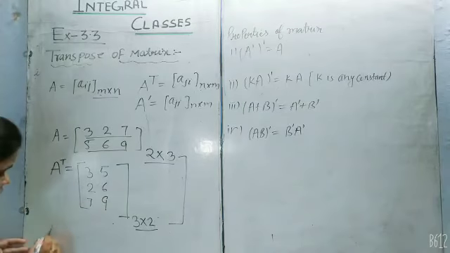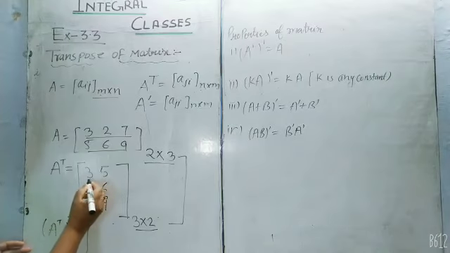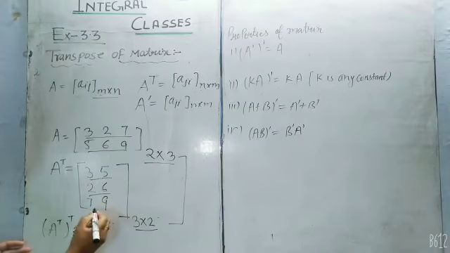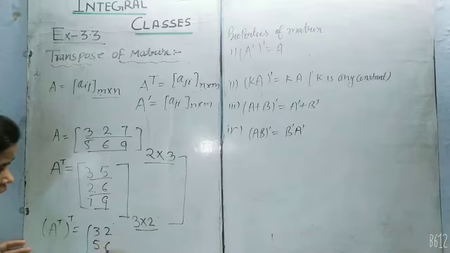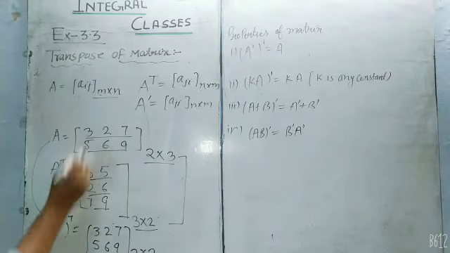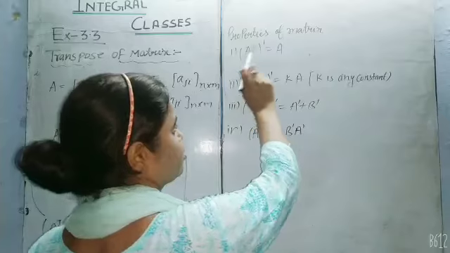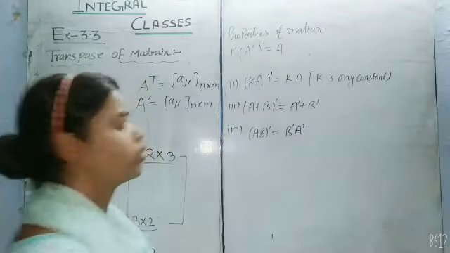Now again we take its transpose. Here is the first row, second row, third row. Now they become the first column, second column and third column. So it means 2 cross 3. Now again, students, as we observe, these two are equal. So this property follows: (A transpose) transpose equals A.